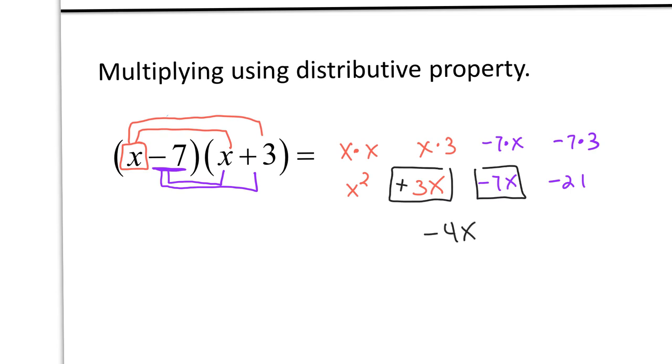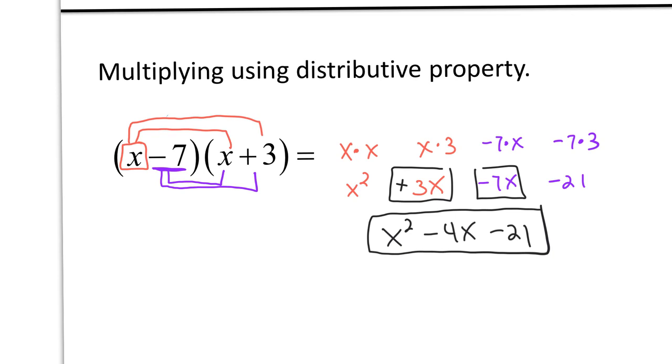Now you look at the x squared, and we don't have another x squared, so I'm just going to bring that one down. We have an x right here, and we do have a minus 21 here. We don't have another constant, so I'm just going to bring that one down. So my answer when you multiply the two binomials is the trinomial x squared minus 4x minus 21.